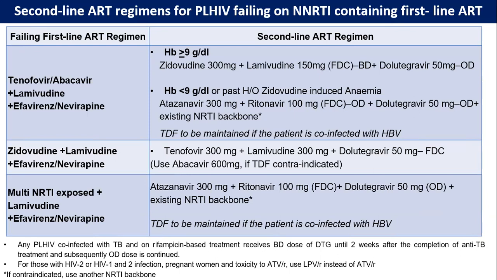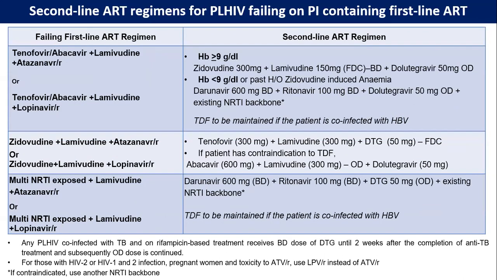Now, second line ART regimen for PLHIV failing on PI-containing first line ART. That is abacavir or tenofovir plus lamivudine with atazanavir/ritonavir or lopinavir/ritonavir. If the hemoglobin is more than 9 gram per dL, then we put the patient on ZL plus dolutegravir OD.